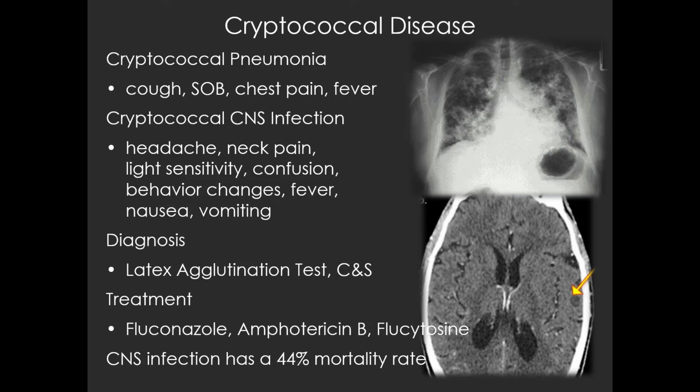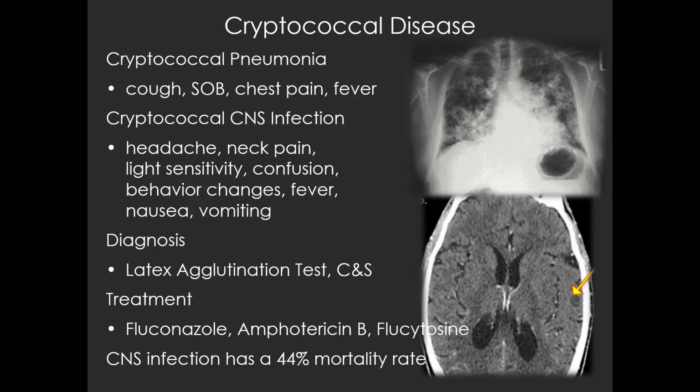If that infection moves to the central nervous system, the symptoms will include headache, neck pain, light sensitivity, confusion, behavior changes, again, fever, nausea, and vomiting. So severity of signs and symptoms increases, obviously, when you end up with a central nervous system infection.